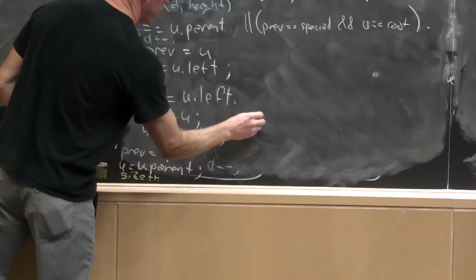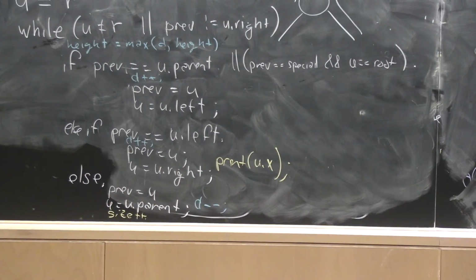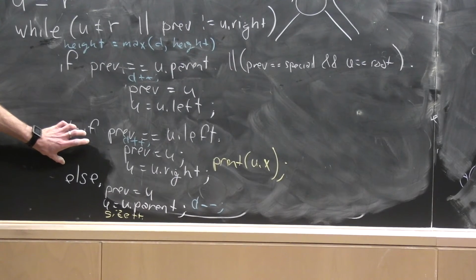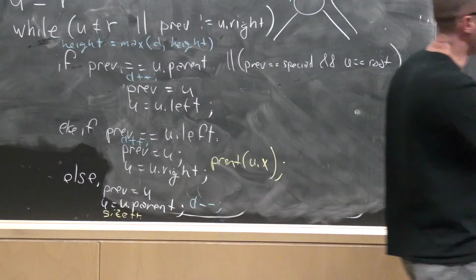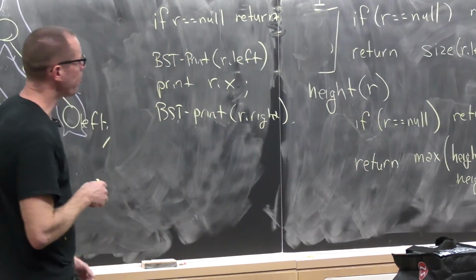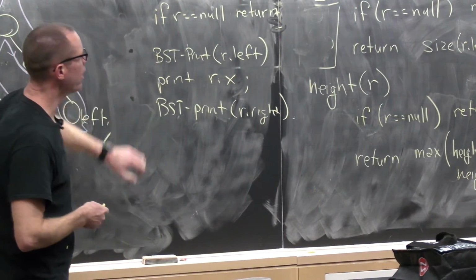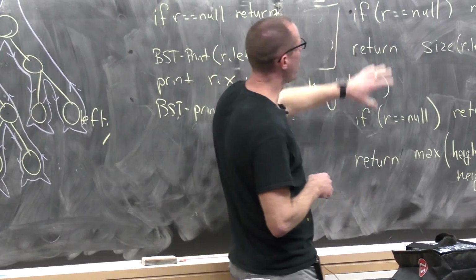So that would be right here. If I want to print out the values in a binary search tree in sorted order, I stick it in this code as I'm going from the left to the right. You can kind of read these things off because there's somehow a difference here between this code for printing and this code for, let's say, computing the size.